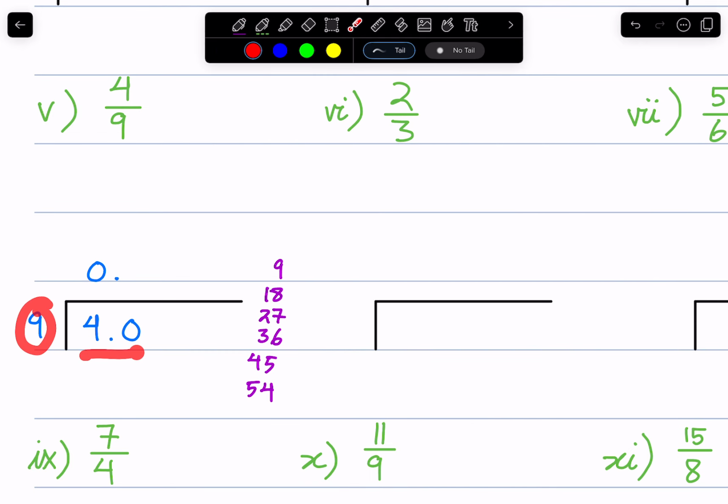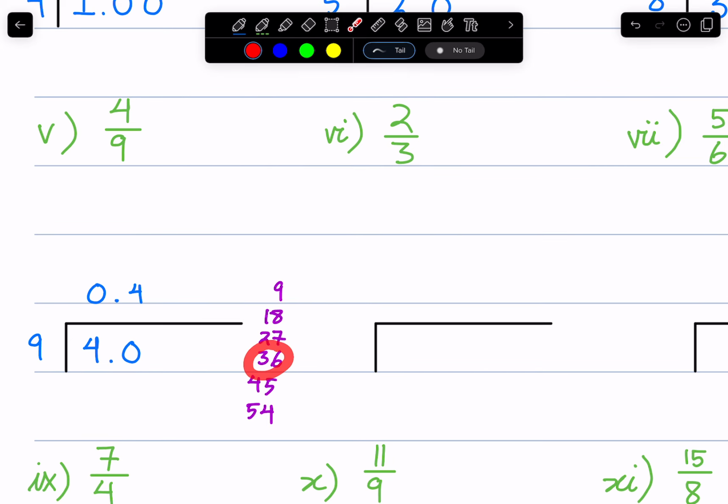So 9 into 40, the closest we can get is 9 times 4. That gives us 36 with a remainder of 4. We borrow the 0, and once again, 9 goes into 40 4 times.